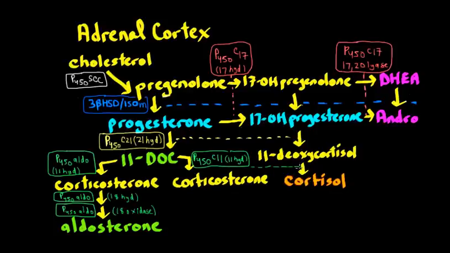And if you look at cortisol, remember, it was a complicated synthesis. There were multiple steps. I had an 11 hydroxylase, I had a 21 hydroxylase, I needed a 17 hydroxylase. And of course, I needed my 3-beta HSD isomerase and side chain cleavage. Well, the most common cause of CAH is 21 hydroxylase deficiency.